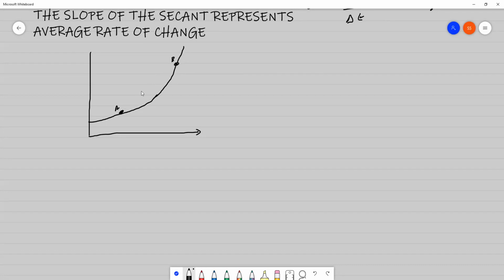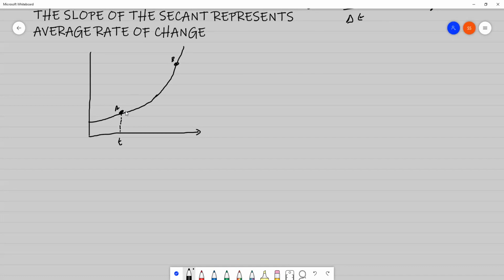Now, if I want to find the rate at which it increases very close to A, instead of having B here, I'll bring that point B as close as possible and try to find the slope of that very tiny line.